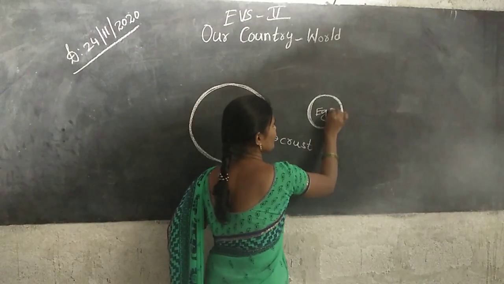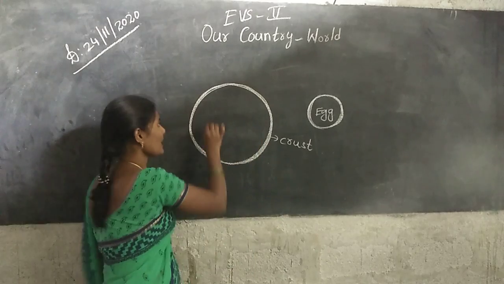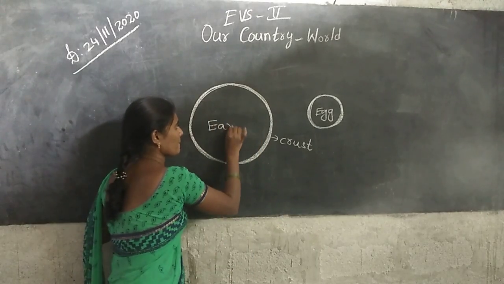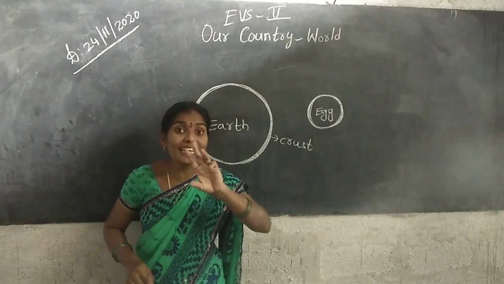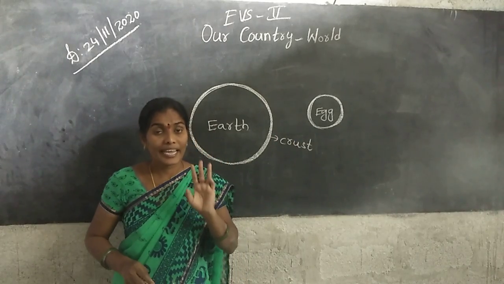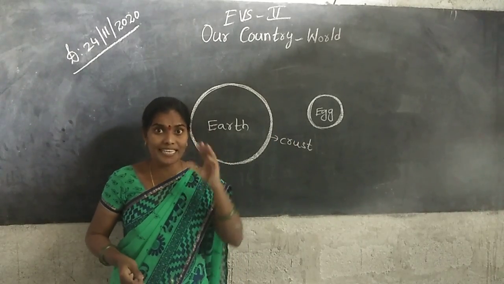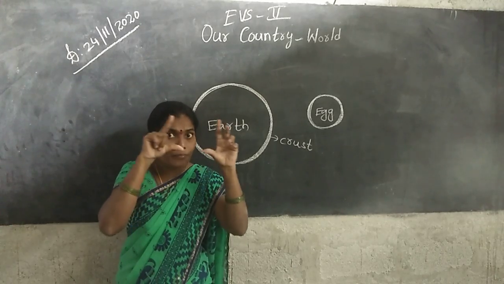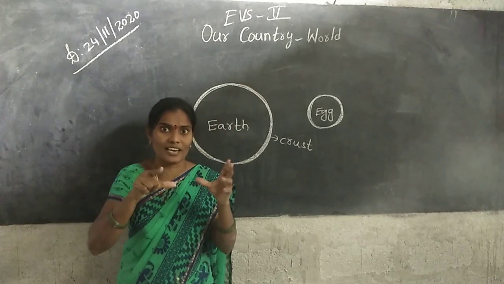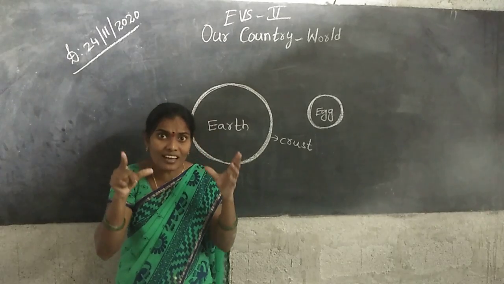Take an egg, this is the earth. Egg is having 3 layers. First, the egg surface is the shell.